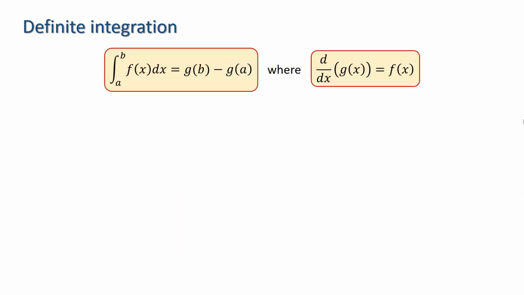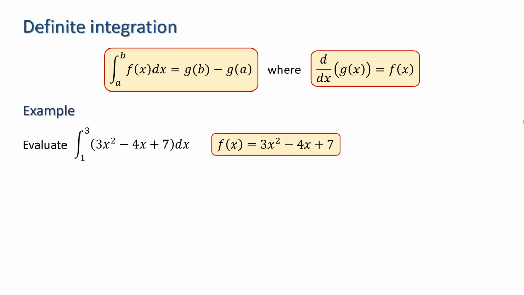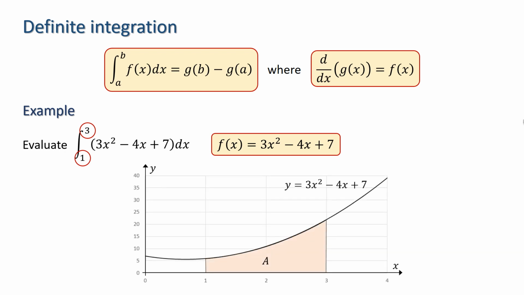Okay, so let's look at an example. Here we have the quadratic function 3x squared minus 4x plus 7, and we are integrating between limits 1 and 3. That is, we are evaluating the shaded area shown here. First, we perform the integration itself. As with indefinite integration, this is a matter of doing our reverse differentiation on a term-by-term basis.